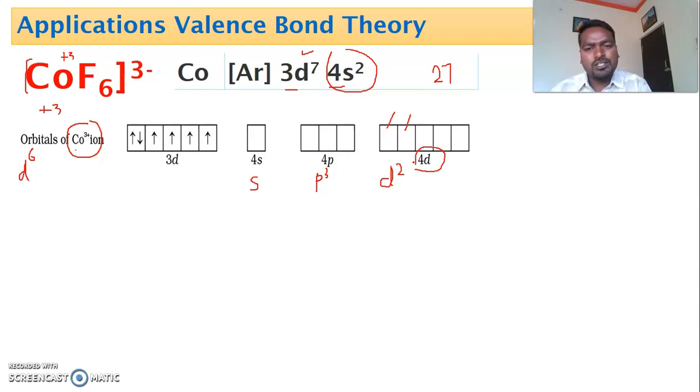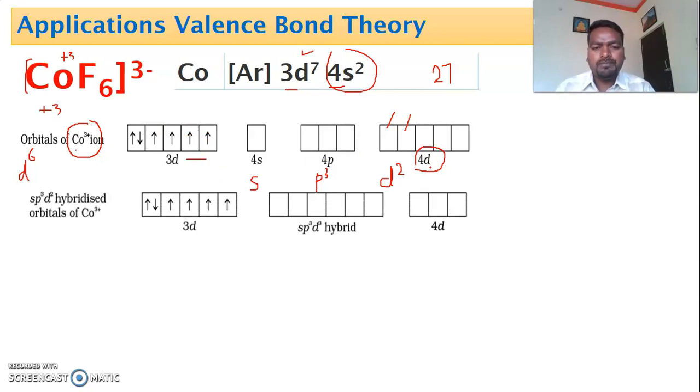In the last 2 cases we discussed inner orbitals. There it chose inner d orbitals due to the presence of a strong ligand. Here, due to the presence of a weak ligand, it does not force unpaired electrons to pair up, and as a result it is going to choose outer d orbitals.